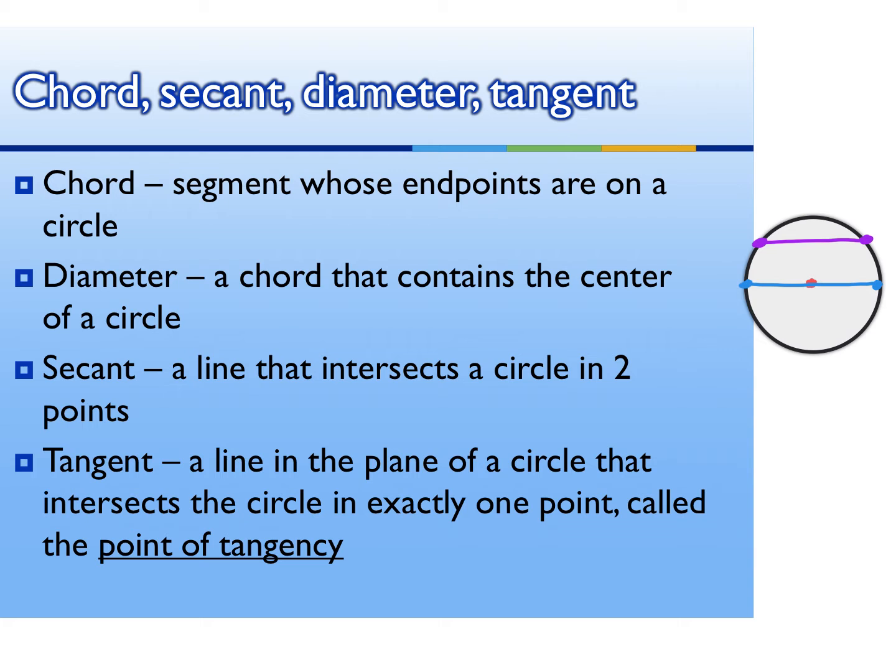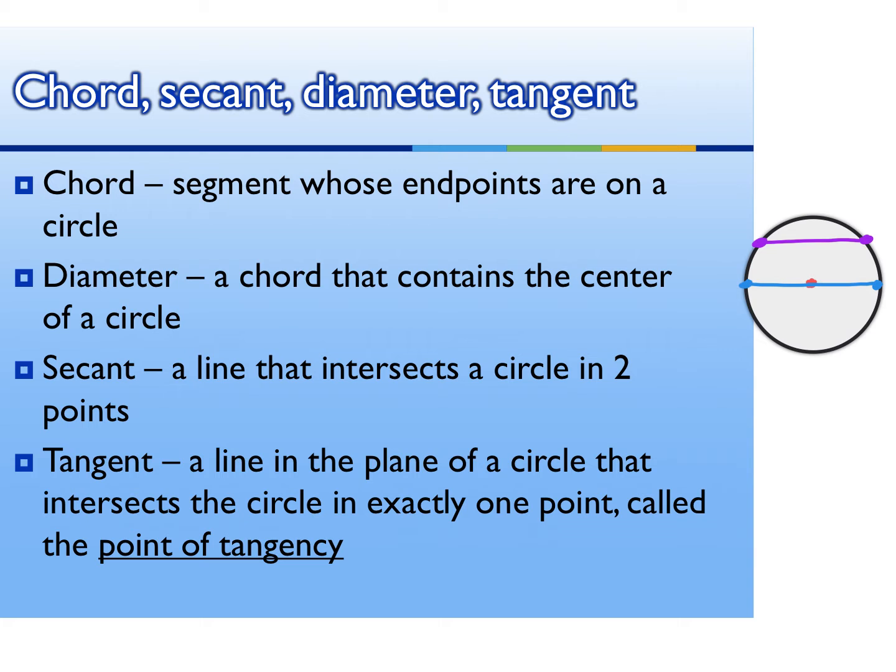A secant and a tangent, these are both lines. Now, we'll also talk about secant and tangent segments, but if it does not have the word segment after the word secant or tangent, know it's referring to a line. So a secant is a line that intersects a circle in 2 points, and then a tangent is a line in the plane of a circle that intersects the circle in exactly 1 point, and that point is called the point of tangency.